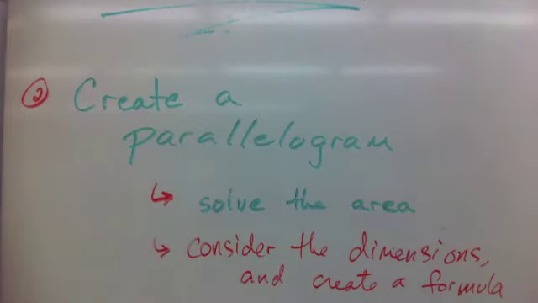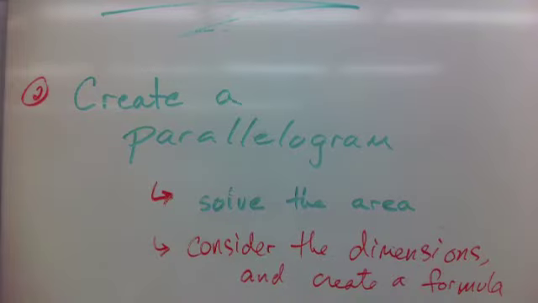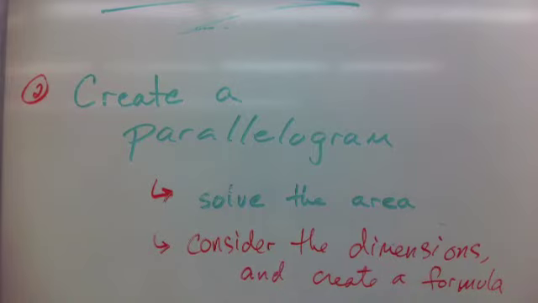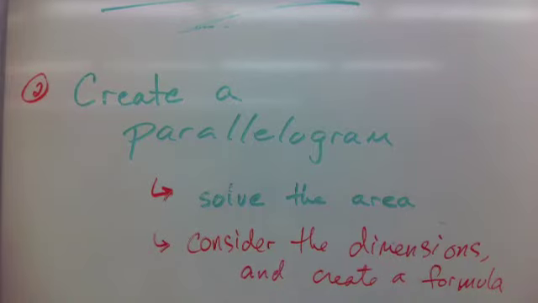Now you've got 2 triangles and your task was to create a parallelogram. Then to solve the area of that parallelogram before considering the new dimensions and using them to create a formula.